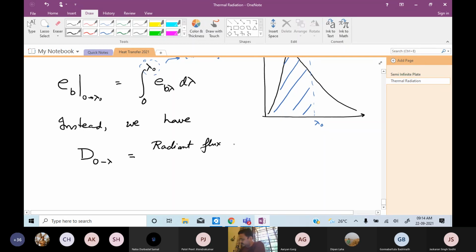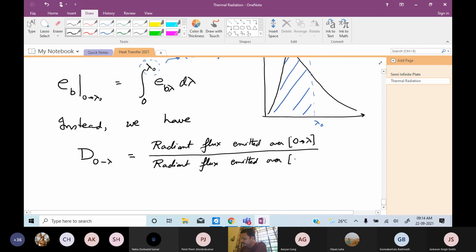the radiant flux emitted over 0 to lambda divided by the radiant flux emitted over 0 to infinity.